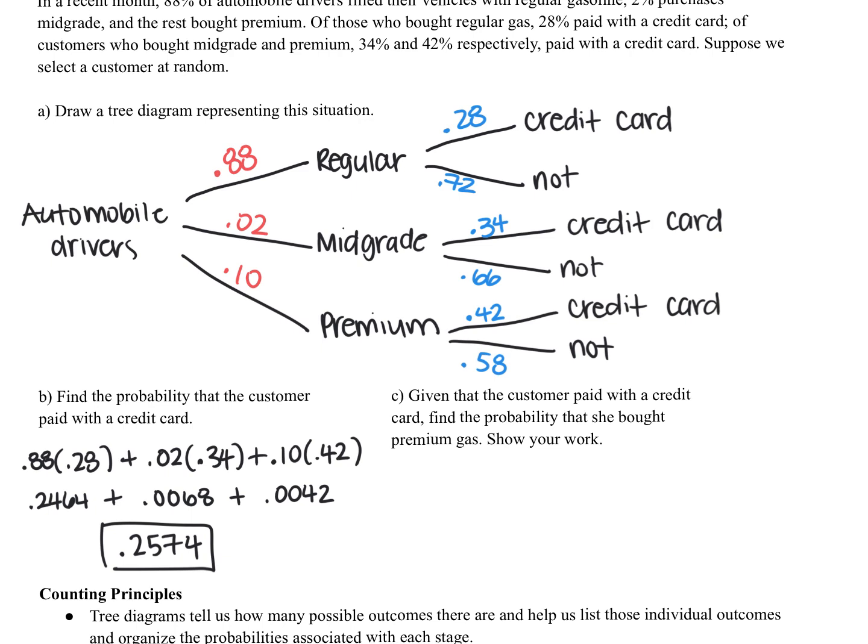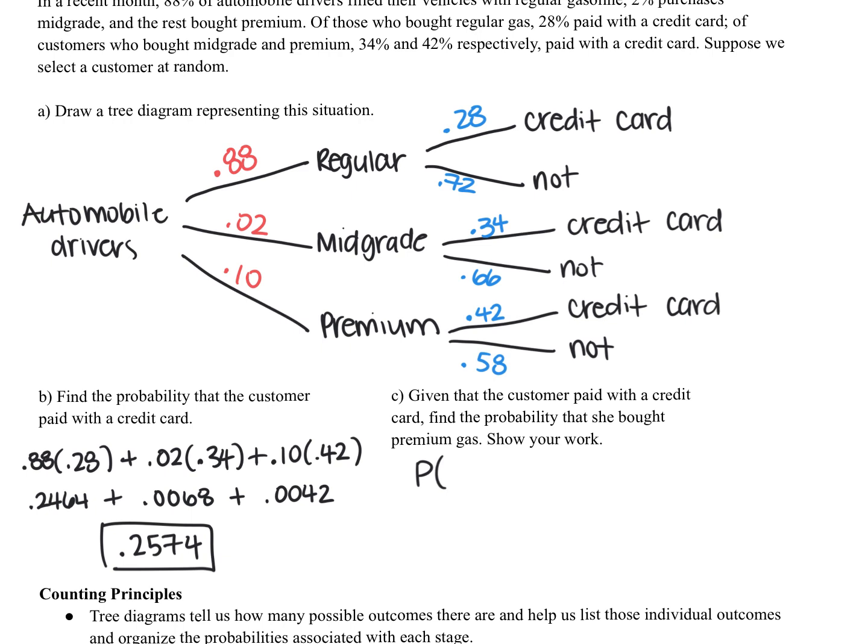For my conditional probability, I want to find, given a customer paid with a credit card, the probability that she bought premium gas. Oh, oops, sorry, I had it the other way around.